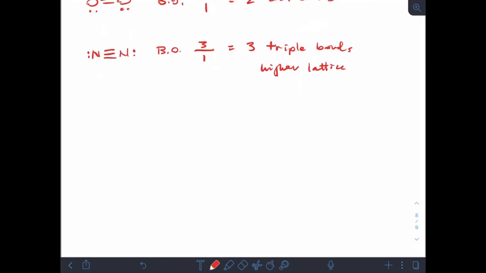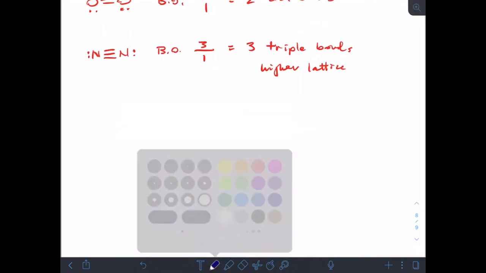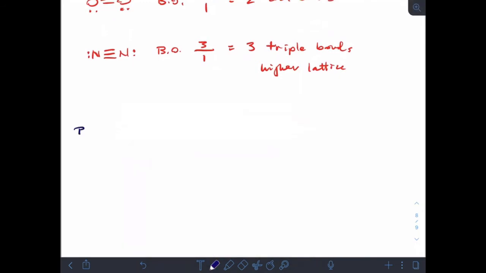All right, so let's go into a new topic, and let's talk about bond enthalpies and how they can be related to delta H of reaction. Okay, and what we're going to do is we'll use Hess's law. Hess's law says that the individual enthalpies of a process can be added together to get the enthalpy of the process.